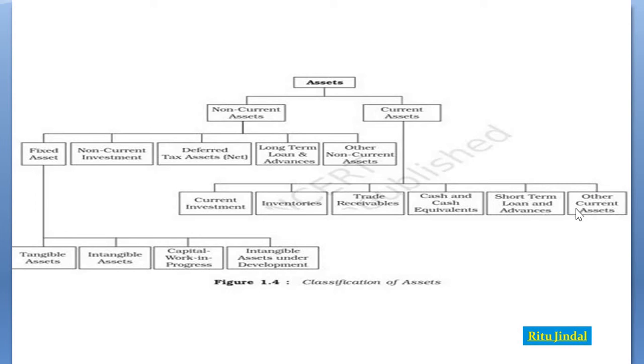Other current assets, extra prepaid expenses. आपने कोई खर्चा advance में पे कर दिया, अगले महीने का रेंट इसी मंथ पे कर दिया, that becomes your asset. पता नहीं हमने उस next month की services लेनी भी है या नहीं लेनी. So these are the heads and subheads according to the Indian Companies Act 2013, non-current assets and current assets. Next, let's discuss these in detail.